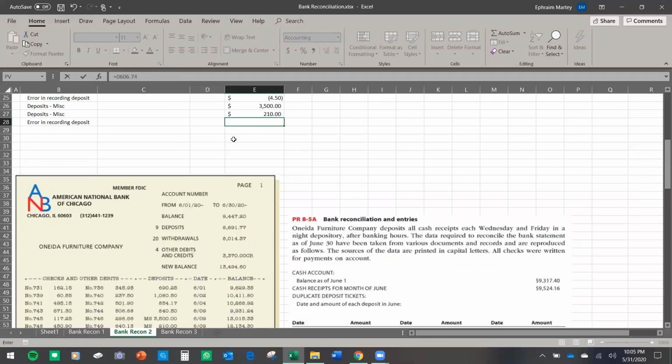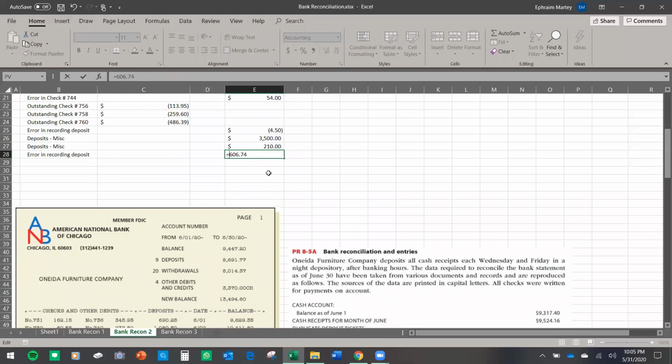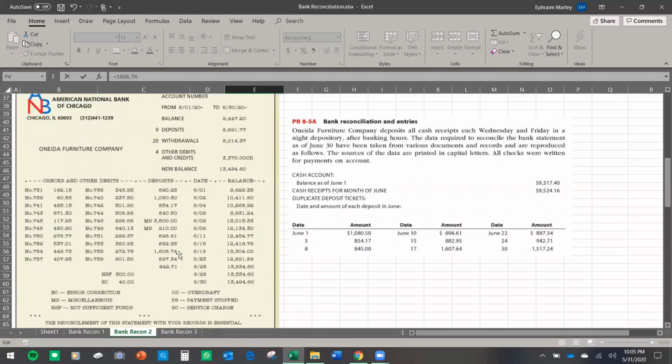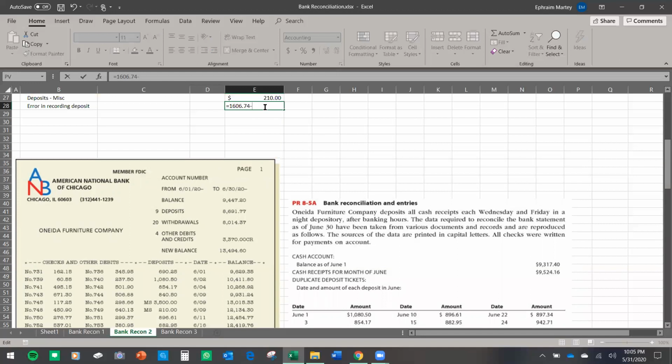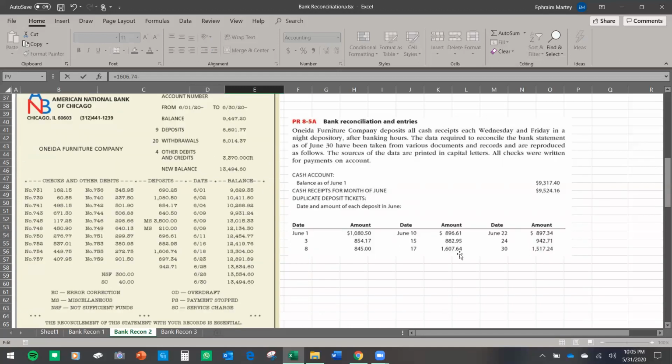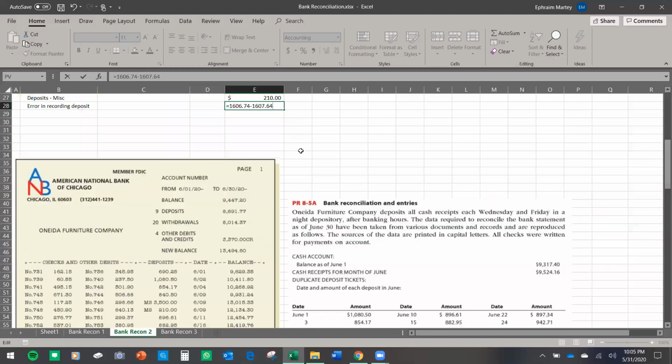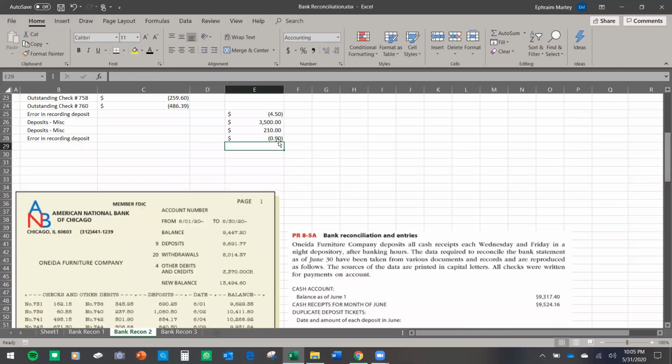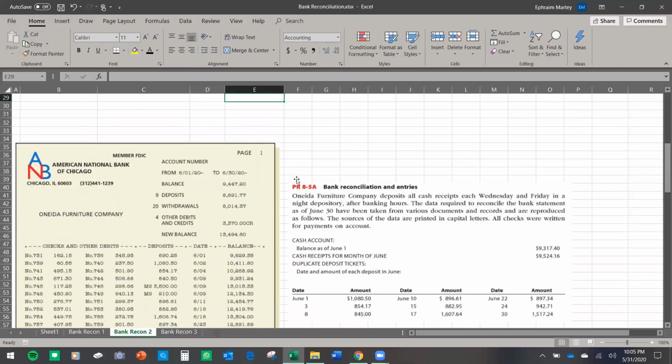On the bank side, 1606.74, and subtract ours, 1607.64, to get the difference. The difference is 90 cents. Usually those mistakes end up in nines. Good.